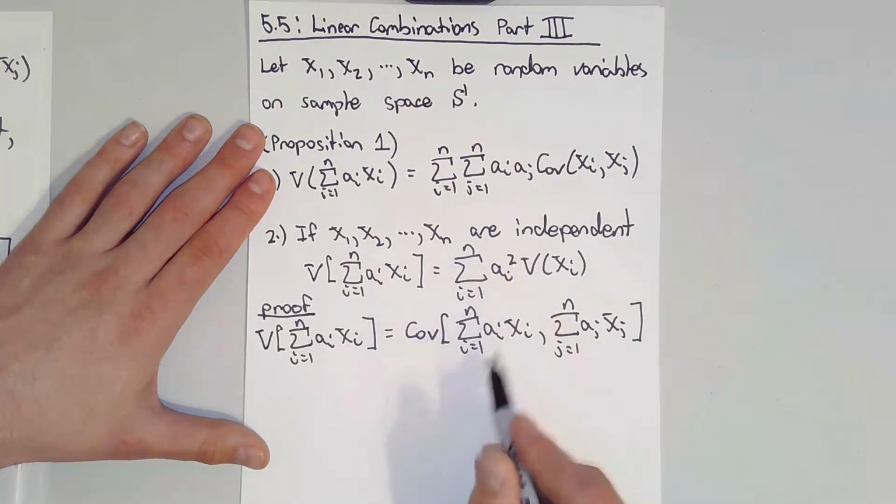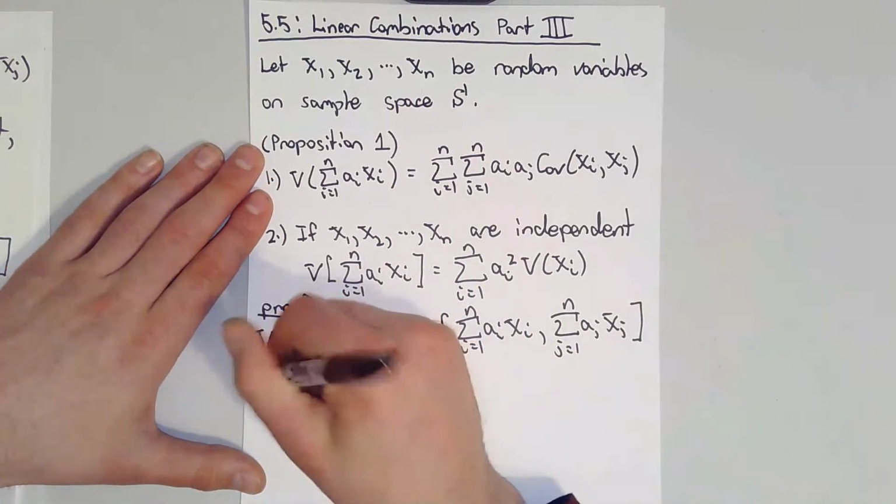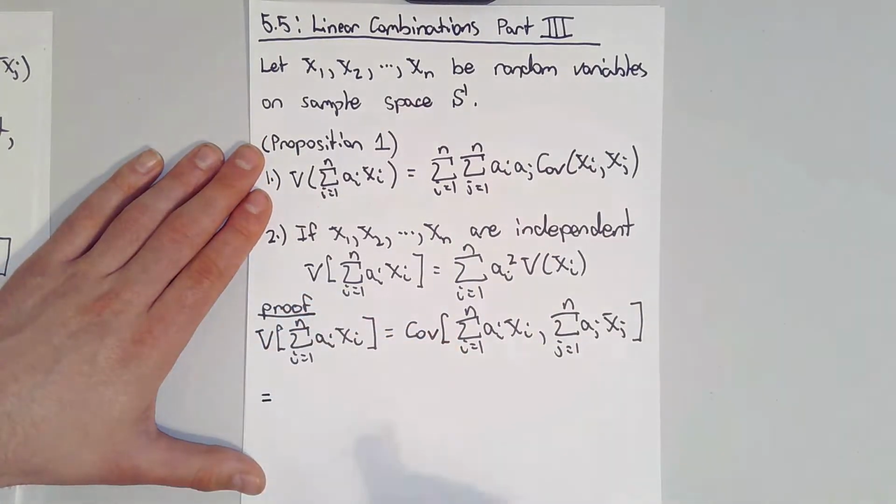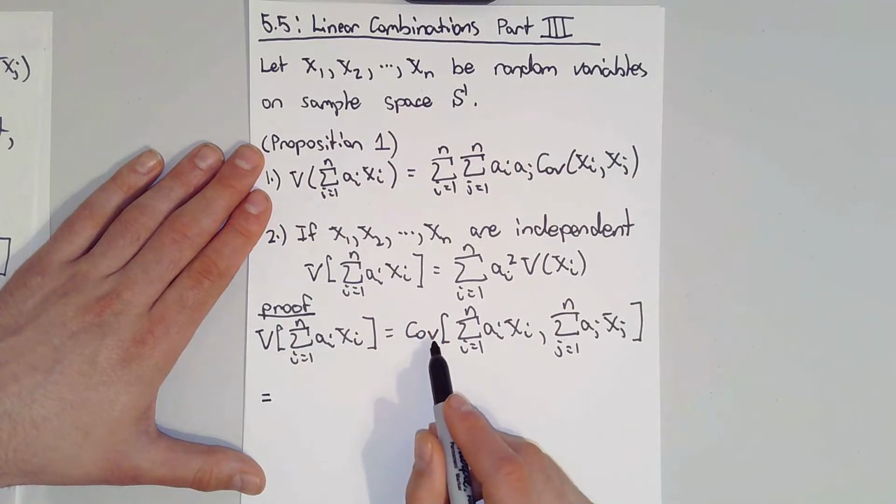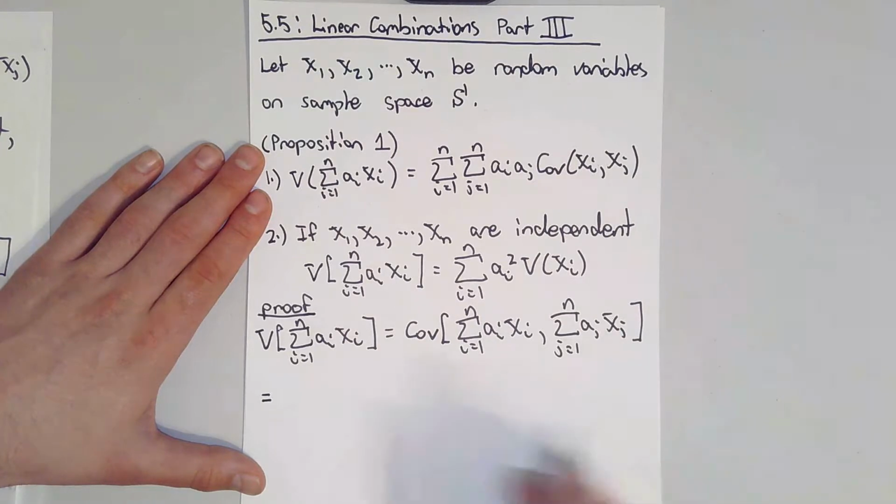So as we move, we'll move from here to this double sum up here. We can use the fact from last video that the covariance operator is bilinear. In other words, it is linear over each component.